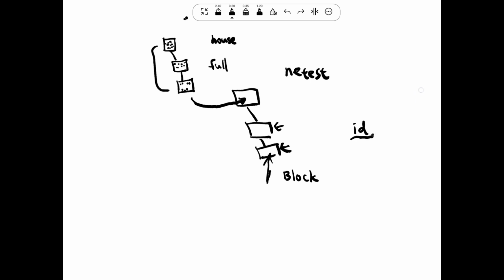We store an ID in this block. Maybe this ID is 3, this is 4. So we need to store the ID 3 in this block, and let the computer know its previous block is 3.